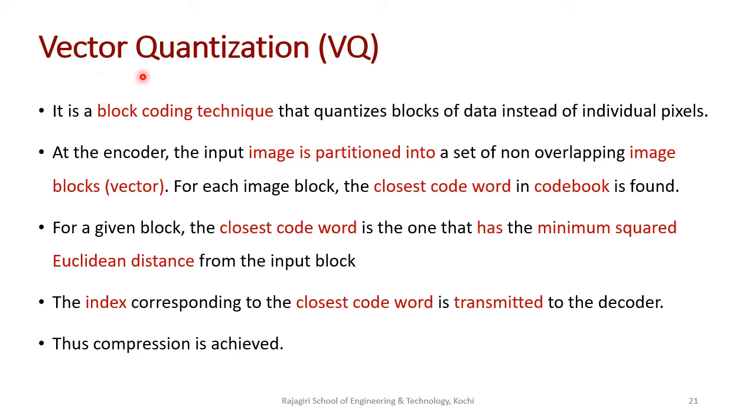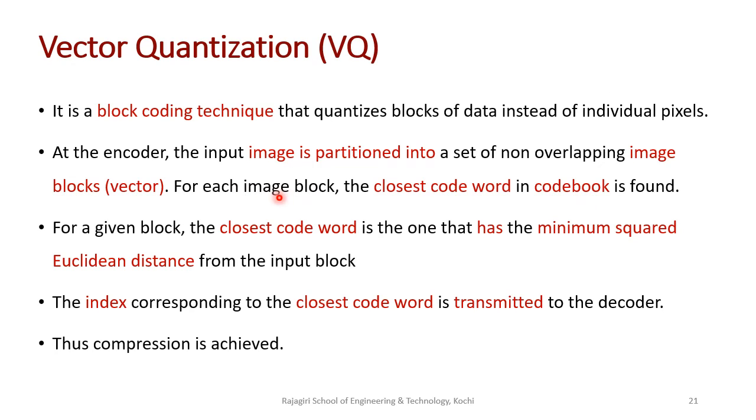Now we will see how vector quantization is performed. Vector quantization is a block coding technique that is used to quantize blocks of data instead of individual pixels. So at the encoder side, the input image is first divided into a set of non-overlapping image blocks or vectors. The set of all possible code vectors or code words forms the code book.